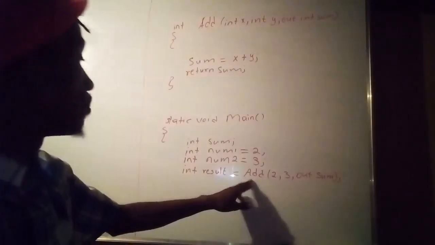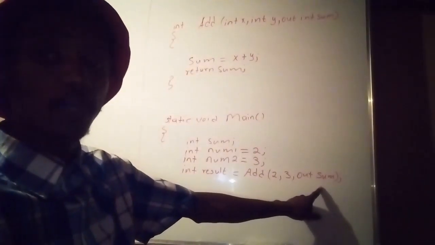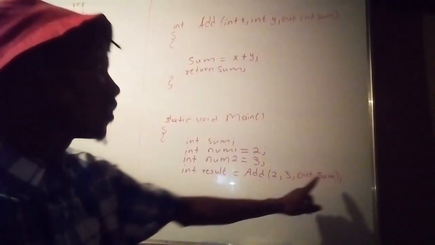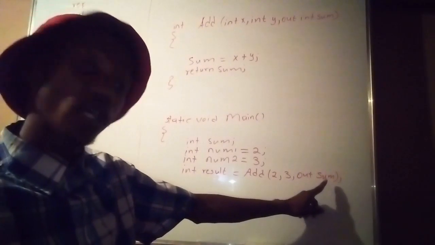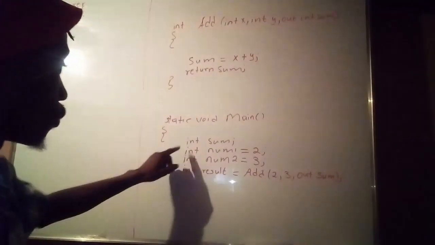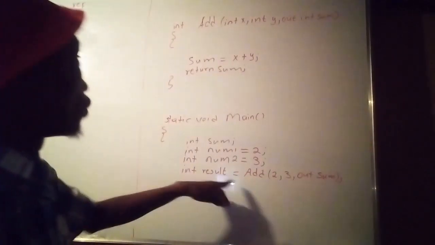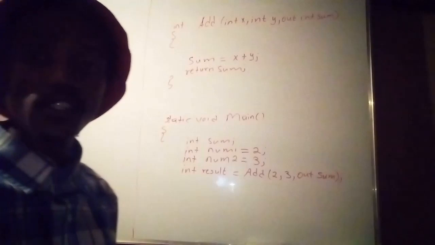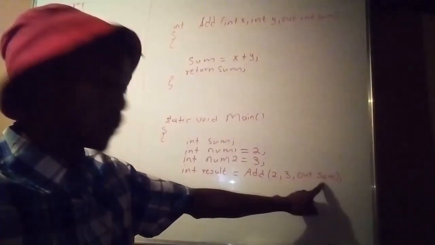Because the sum argument is an output parameter, this method has the responsibility of giving a value to this argument. We don't give it in our code, we just declare it and then send it as an output parameter, which means the add method now has the responsibility of ensuring that it gives a value to that variable.